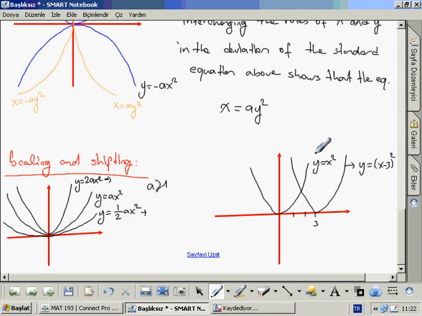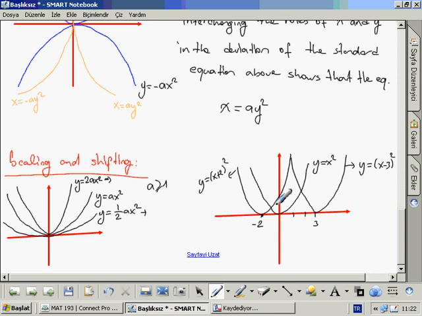This is the point 3, and you want to shift it to the left by 2, and you will obtain a parabola that will be y equals x plus 2 squared. This point is minus 2.